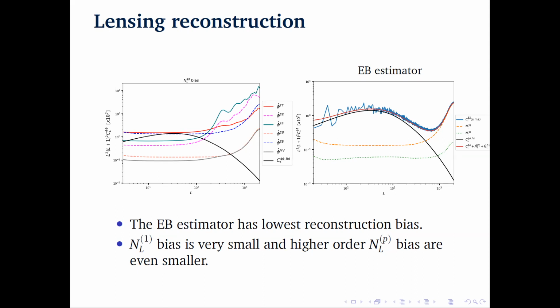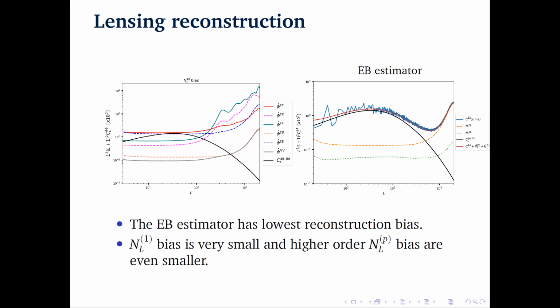And this black line is the theoretical lensing power spectrum that we use to lens all those simulated maps. And this orange line here is the N0 bias. And this green line is the N1 bias.